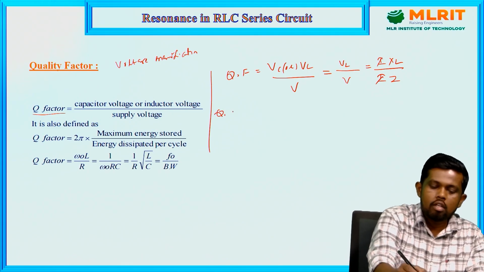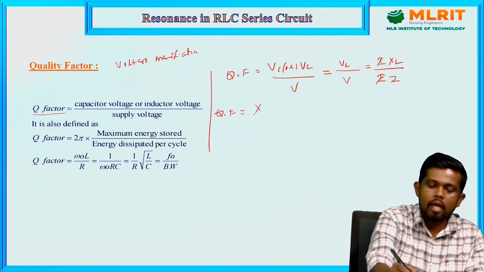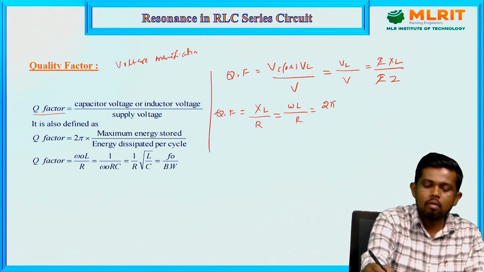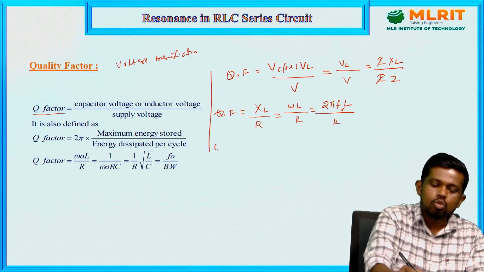Finally, the quality factor QF equals XL upon Z, which is R only. XL means omega L upon R. Then omega is 2 pi f, so 2 pi f L upon R. Then the quality factor Q equals 2 pi.